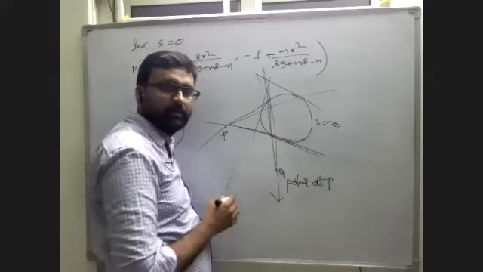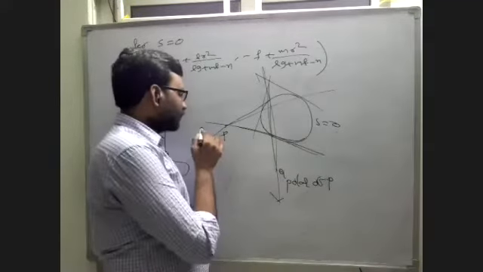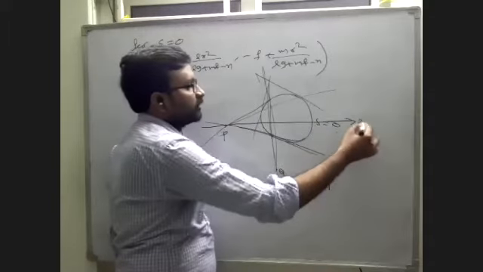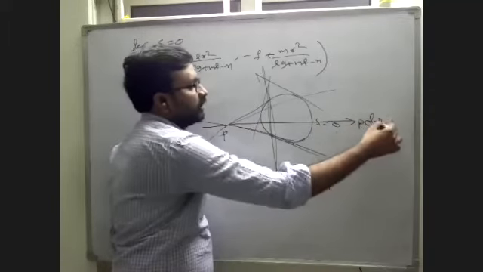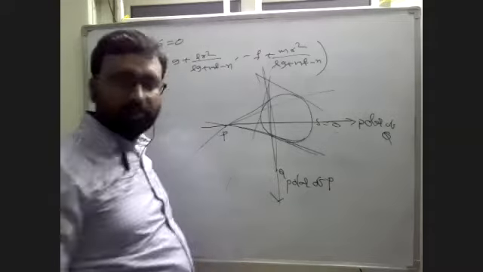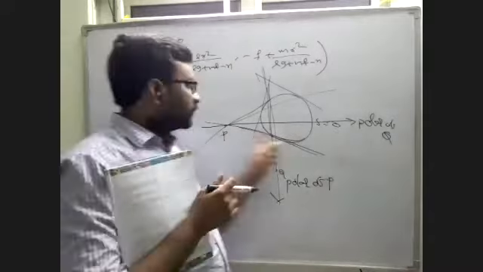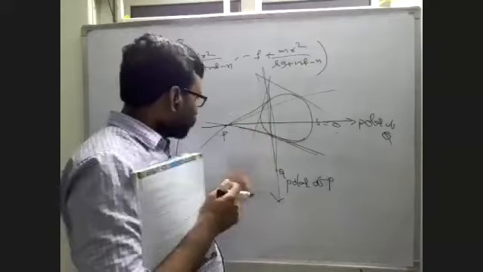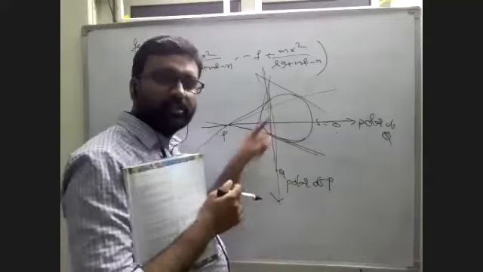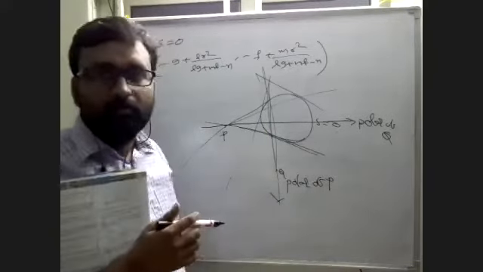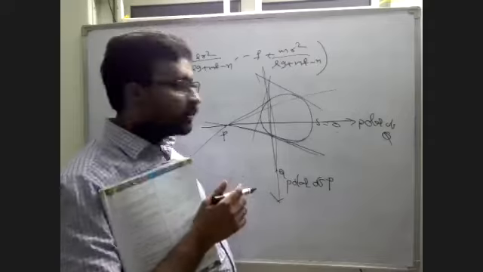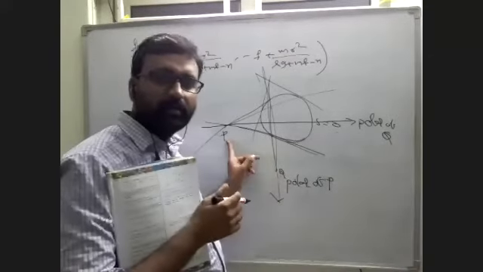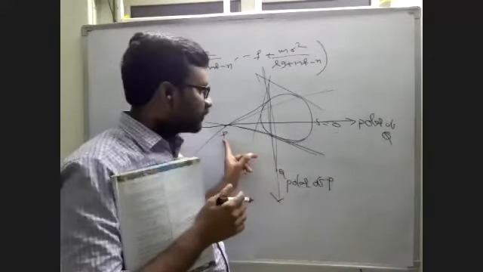From the point of intersection you can draw a line, which is nothing but the polar of Q. This is the polar of Q, and this is the polar of P, with respect to this circle. But if we observe, Q lies on the polar of P, and P lies on the polar of Q.